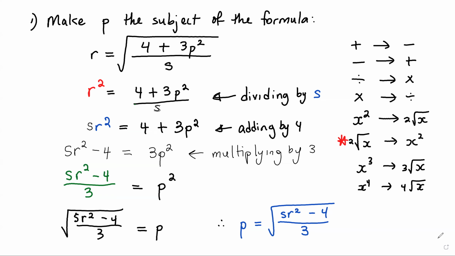So let's write over the formula again. I want you all to think about it intuitively like that, right? So the formula was R is the root of 4 plus 3P squared divided by S. That was the formula, right?